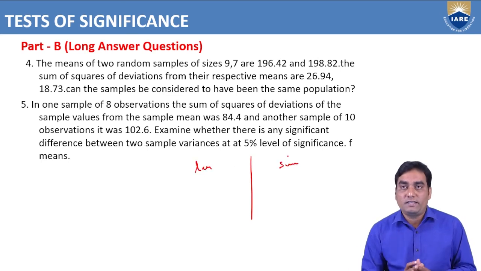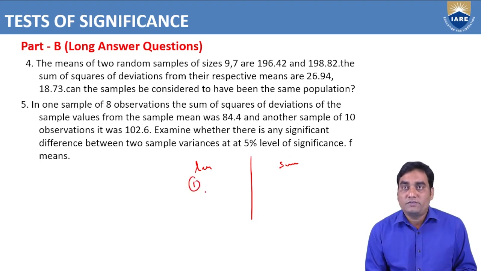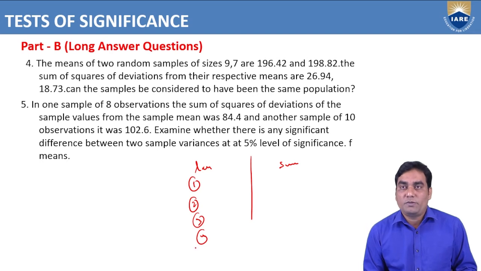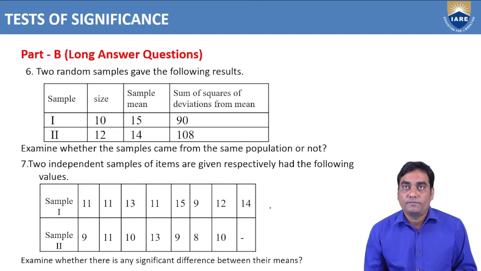According to the size of the sample, we can divide into two kinds of tests. For large samples: test of hypothesis for single mean, for difference of means, for single proportion, and for difference of proportions. Now for small samples: t-test, f-test, and chi-square test.